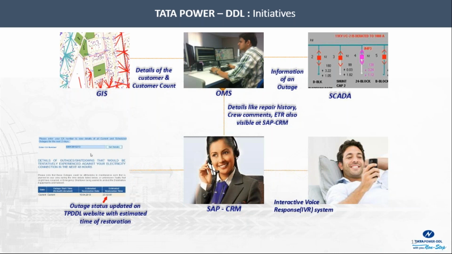We also have the commercial software application, which is SAP ISU billing application, which uses the GIS data for consumer mapping to the distribution transformers. So the energy consumption of consumer and energy consumption of distribution transformer is used for generating energy audit reports in SAP system.